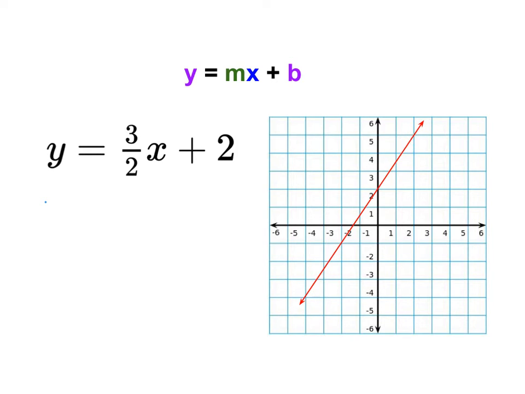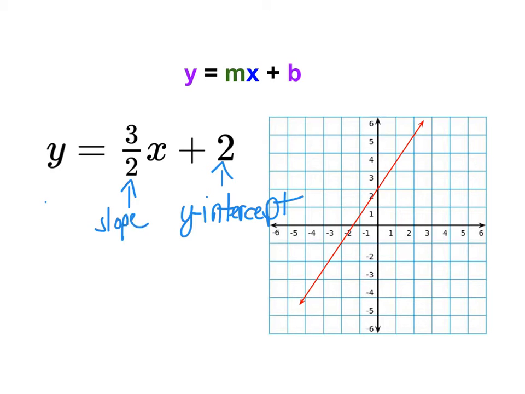Let's identify the pieces now. b is my y-intercept, which in this case would be 2. And my slope is m, and in this case, my slope is 3/2.